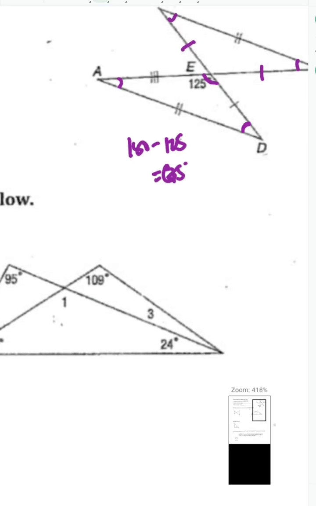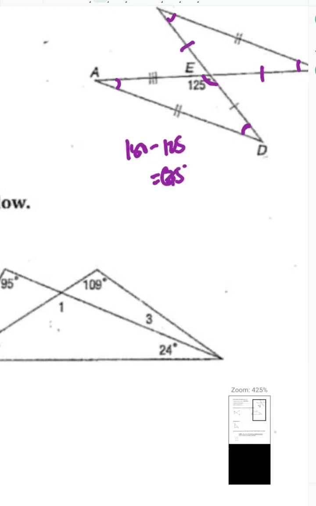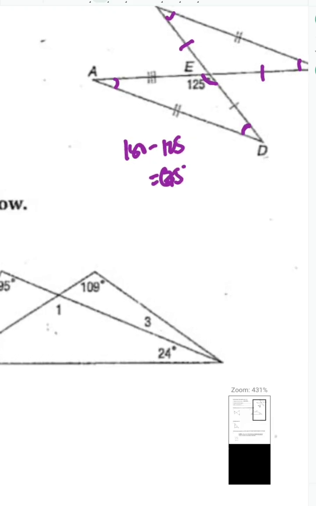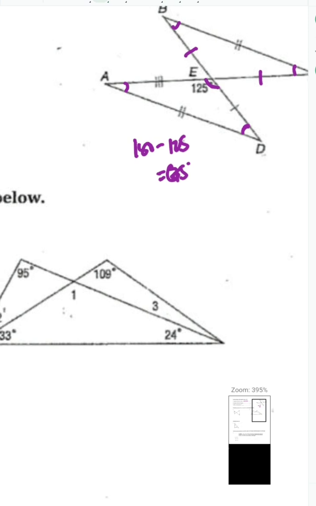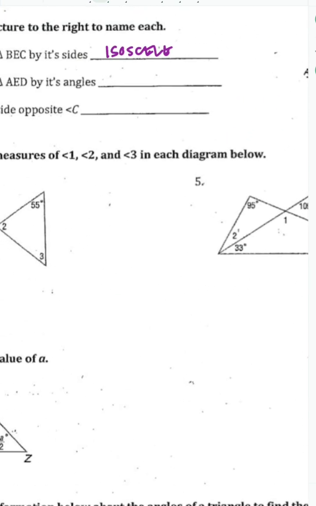They have different sizes. The two angles are acute and one is obtuse. So this can be an obtuse. So triangle AED is an obtuse triangle.